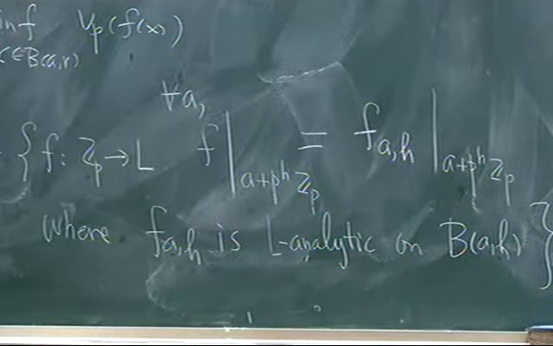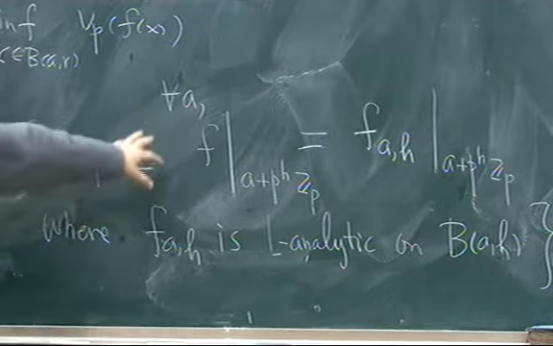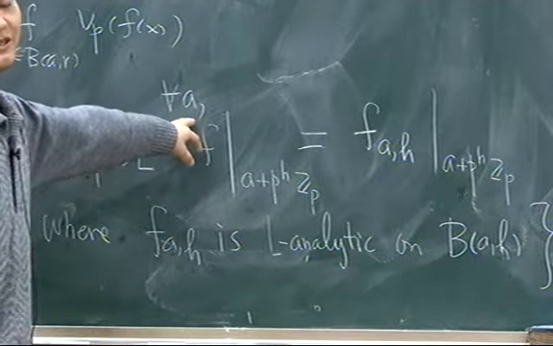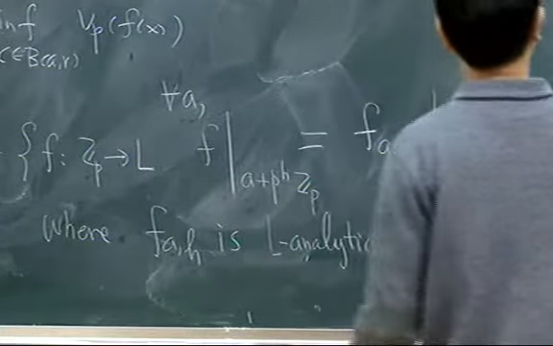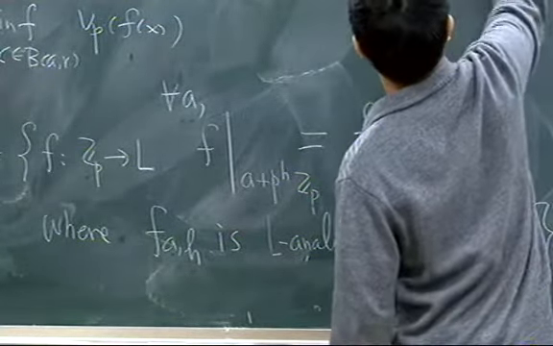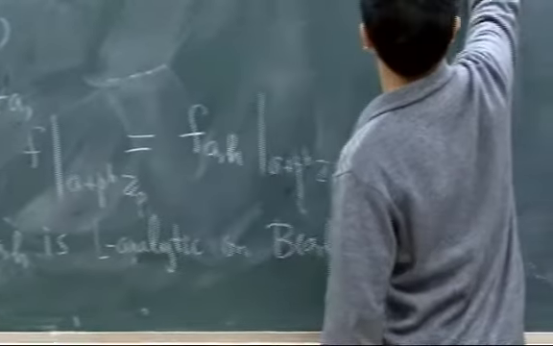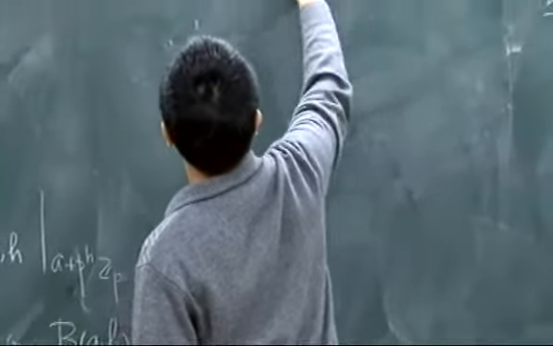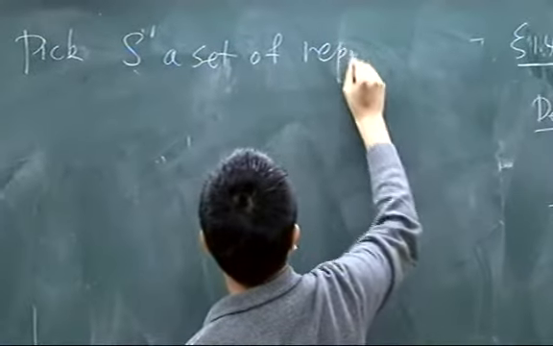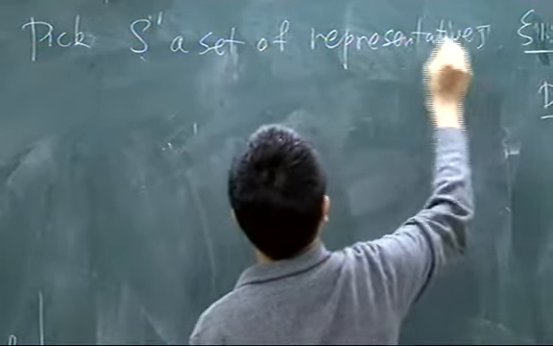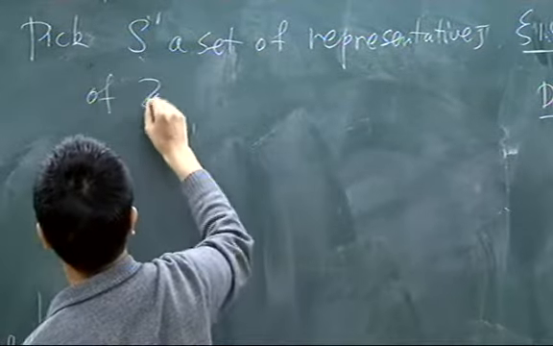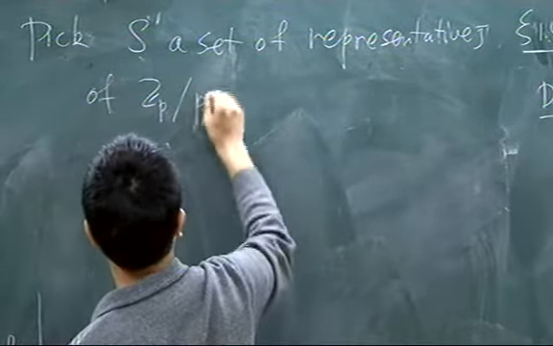You get this? But you don't need it for any a, right? You just pick a set of representatives, S, a set of representatives of Z_p modulo p^h Z_p.